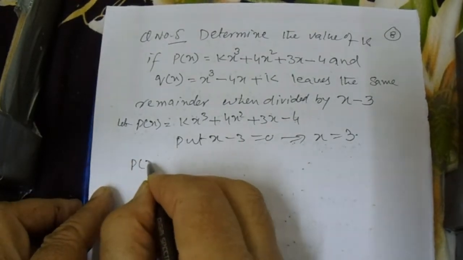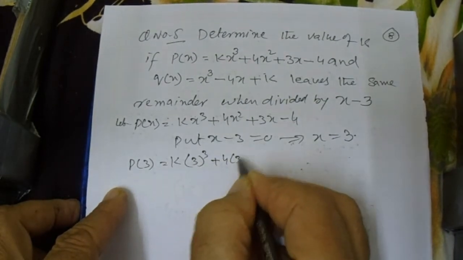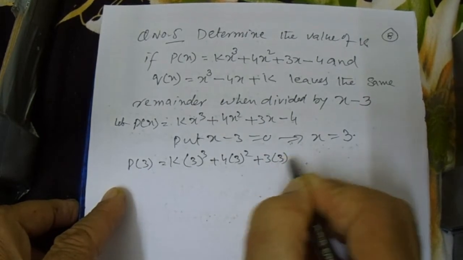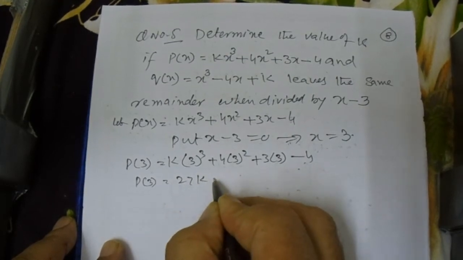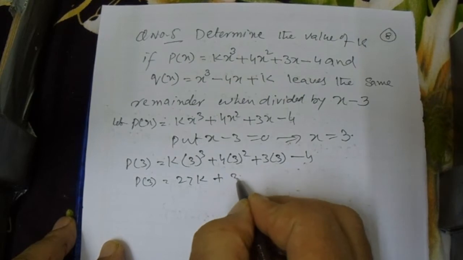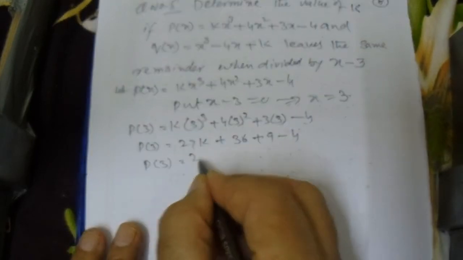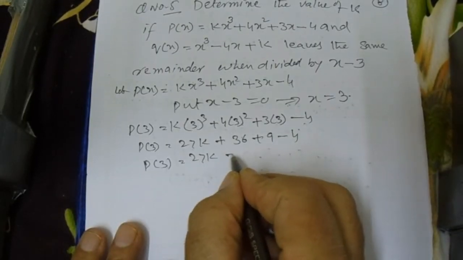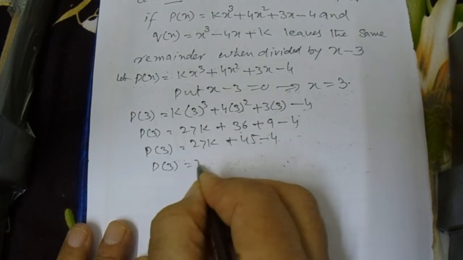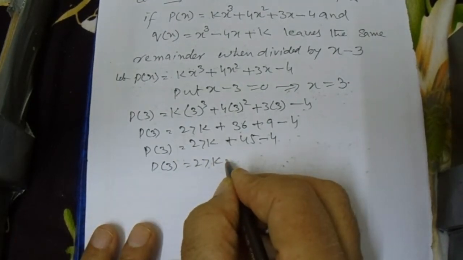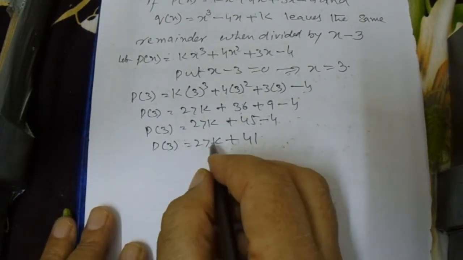Now P(3) = k(3)³ + 4(3)² + 3(3) − 4. P(3) = 27k + 36 + 9 − 4, so P(3) = 27k + 45 − 4 = 27k + 41. Now this is the remainder.